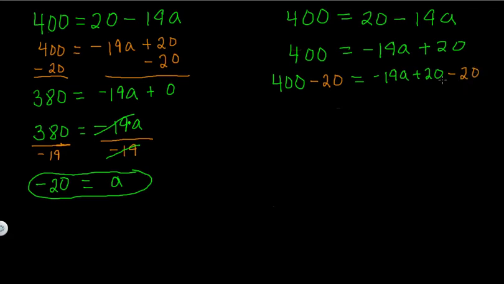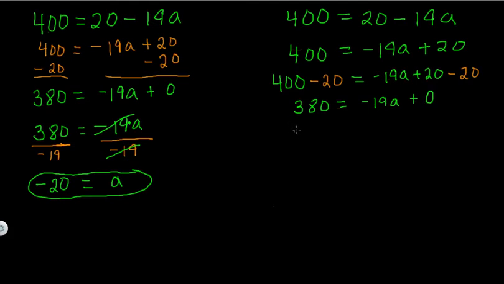All right, so we subtract 20 from both sides, and then we simplify. 400 minus 20 is 380, and that's equal to negative 19a plus 20 minus 20, which is 0. So you can add the plus 0 if you need to, or you can just leave it out.